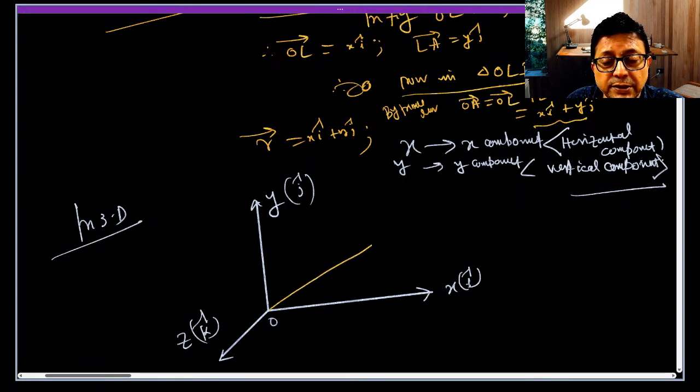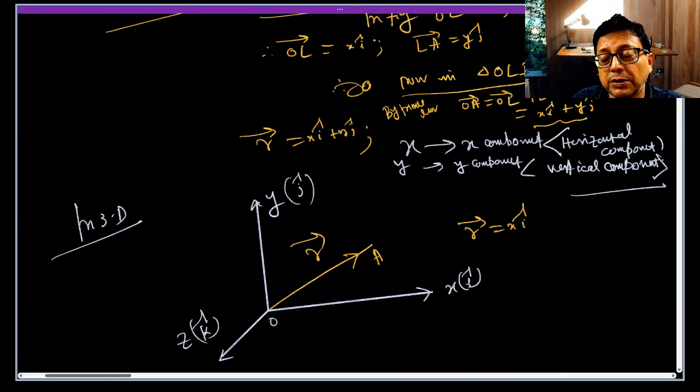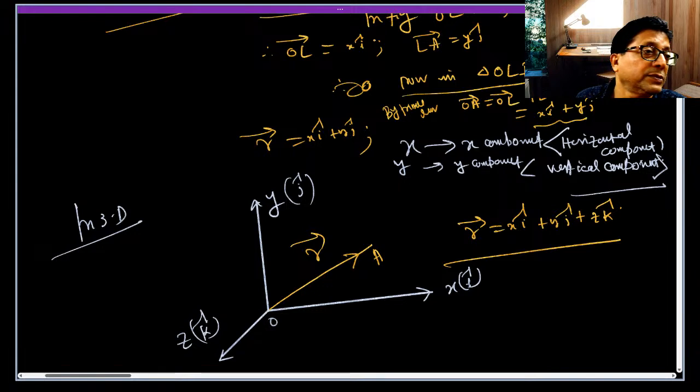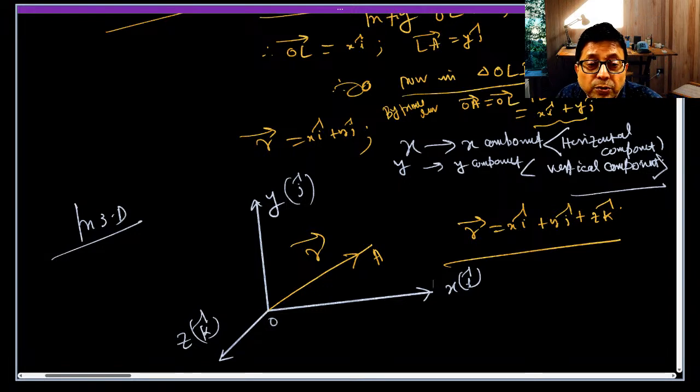So a vector we can represent this way. This is OA, R is the vector. Similarly, we can write R equal to xi plus yj plus zk. So how do you realize the x, y and z components?